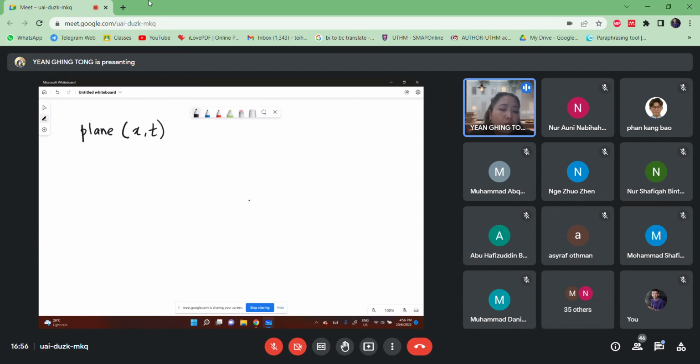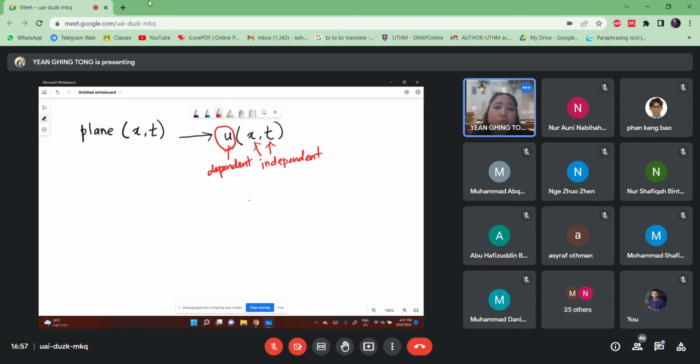So let's say we have this one, and that means we want to solve the PDE for this. These 2 are independent variables and this is the dependent variable. So maksudnya apa yang kita nak cari, we want to find this U, the value of U.